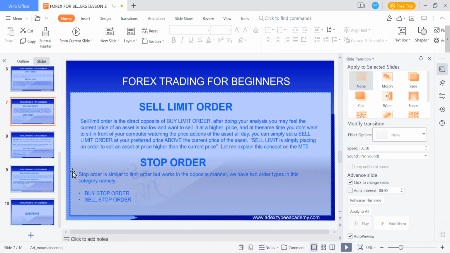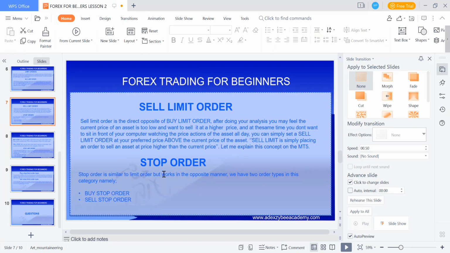A stop order is similar to a limit order, but works in the opposite way to how the sell limit works. I will explain. For a limit buy, you are buying below, and for a limit sell, you are selling above. For a stop buy, you are buying above the current price.